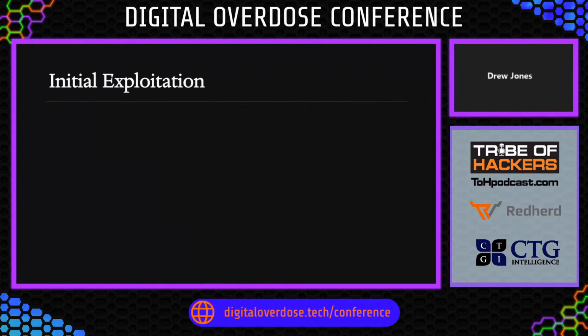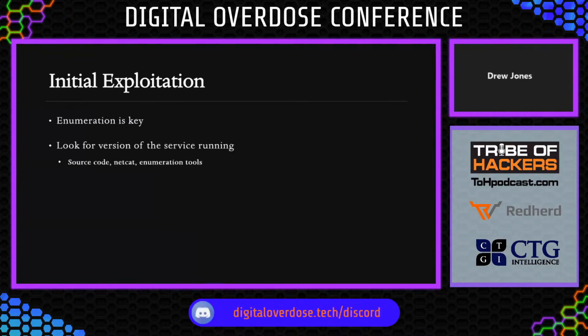So after you finish the enumeration process, you're going to need to perform the initial exploit. And I really can't stress how important enumeration is. If you've already enumerated well, you should know the exact exploit process you're going to have to take. So you're going to want to look for the version of services that are running, whether it's looking through the source code, using Netcat, or using other tools like Nmap.